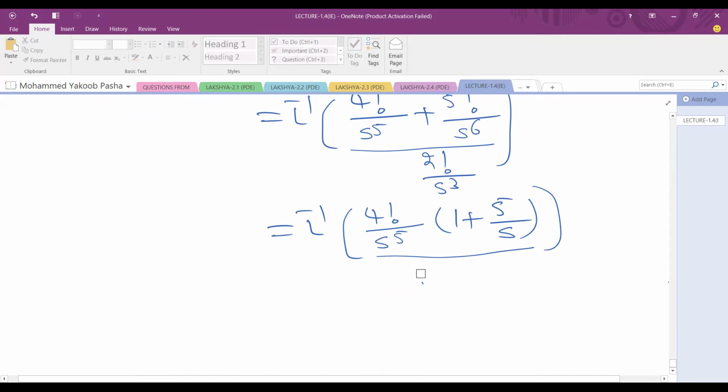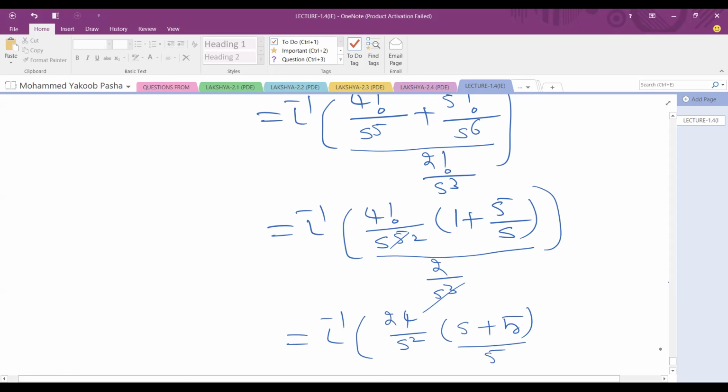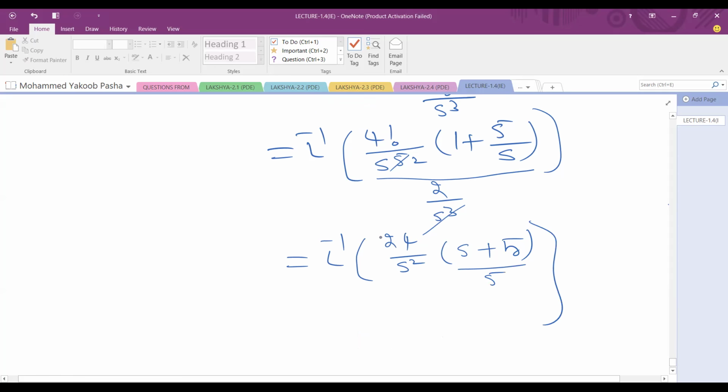It becomes 2 by s cube, and the cubes cancel, so the power 2 remains. Okay, so L inverse of 4 factorial is 24 by s square into s plus 5 by s divided by, be careful, this is 2, 2 12s are 24.